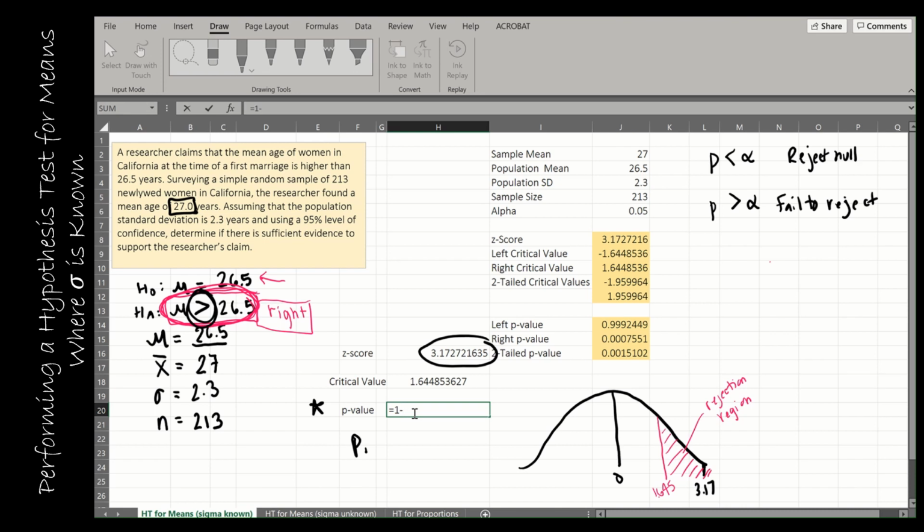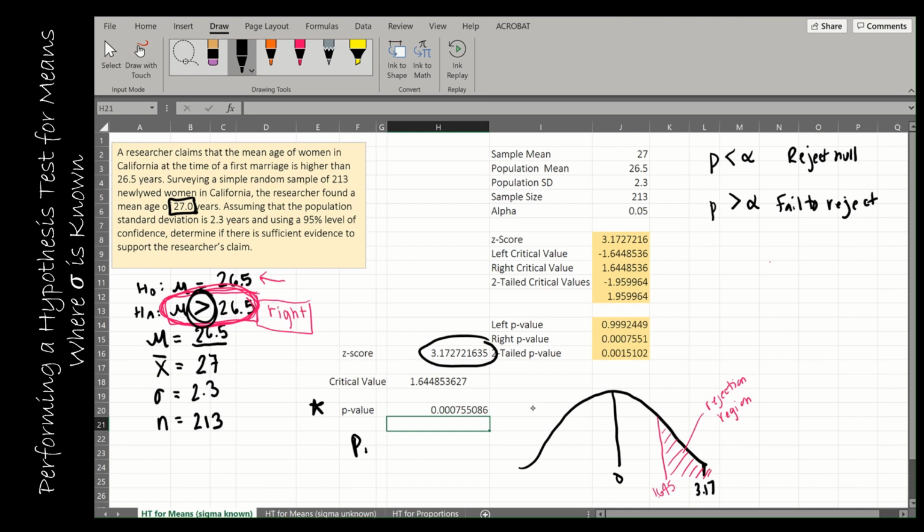To the right is 1 minus. And this is norm.s.dist of my z-score. And then cumulative, you betcha. So that p-value is very, very small, 0.000755. Is that less than alpha?